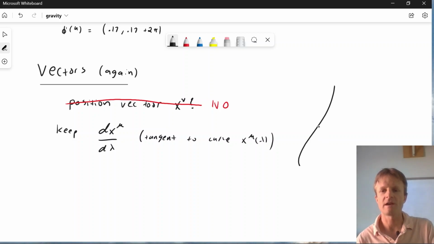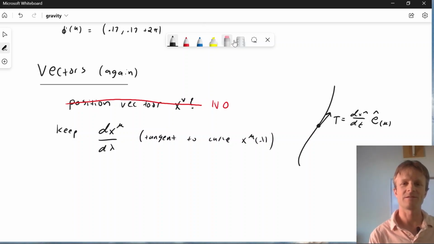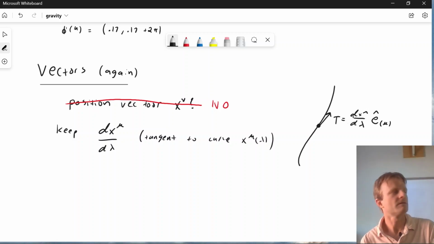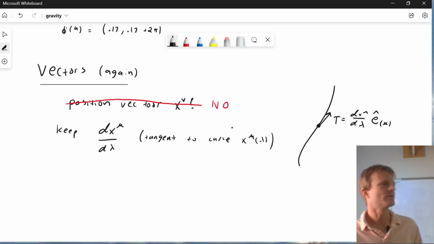So if I imagine the curve is time-like, it looks something like this, and the picture is, there's your little vector t, which previously we wrote in components as dx mu dt, and we had this e lower parentheses mu hat. Remember that? Not t, lambda is the parameter. And in special relativity, we argued this was a vector because we already had position vectors from the coordinates, and we introduced things this way.